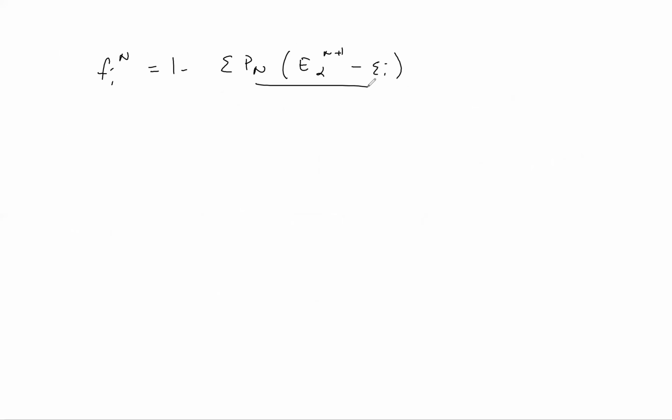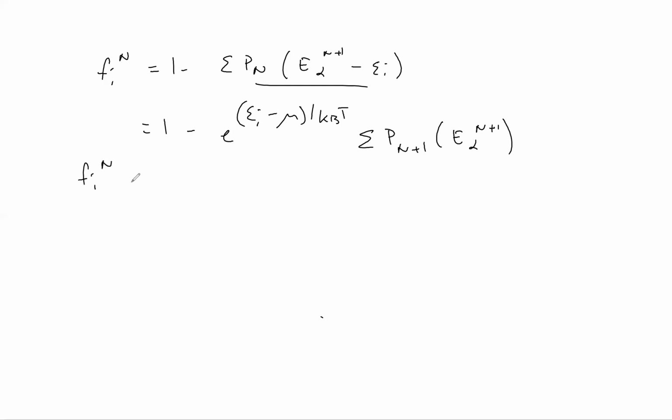So we can say that this is equal to 1 minus e to the (E_i minus mu) over k_B T times the sum of P_n+1(E_alpha,n+1). And in this sum and in the previous one, we're going over states with the ith level occupied.